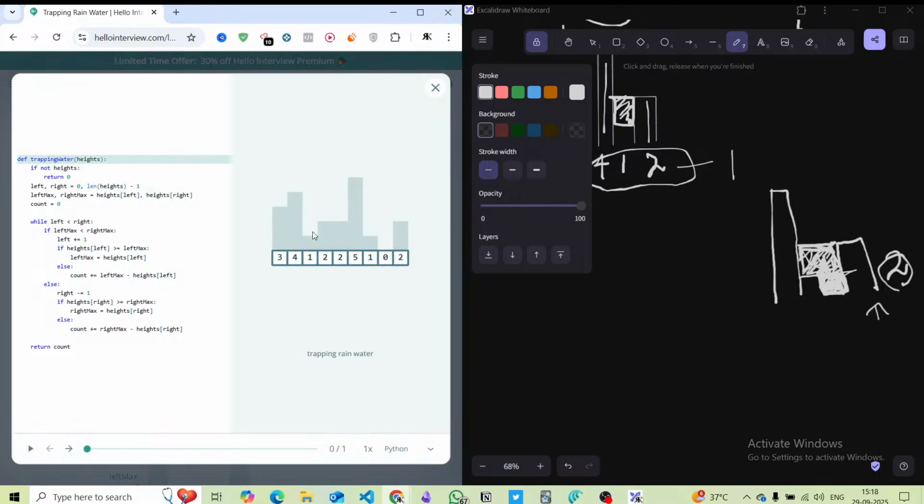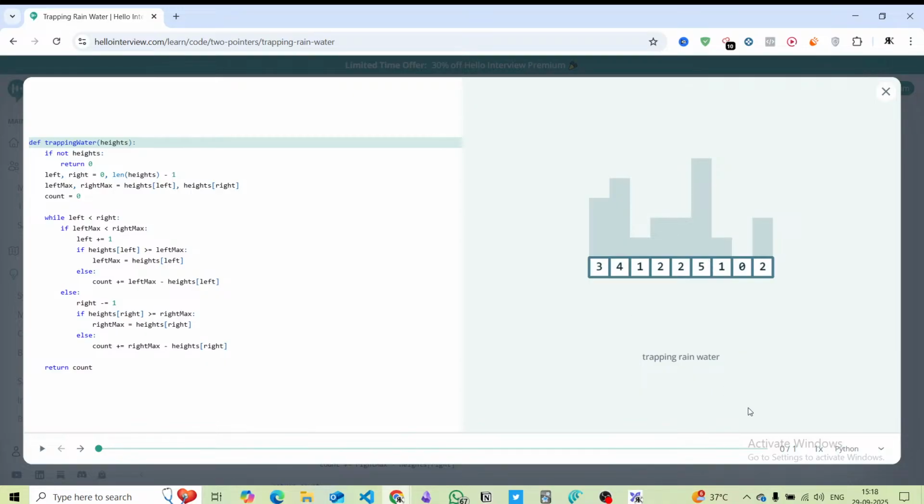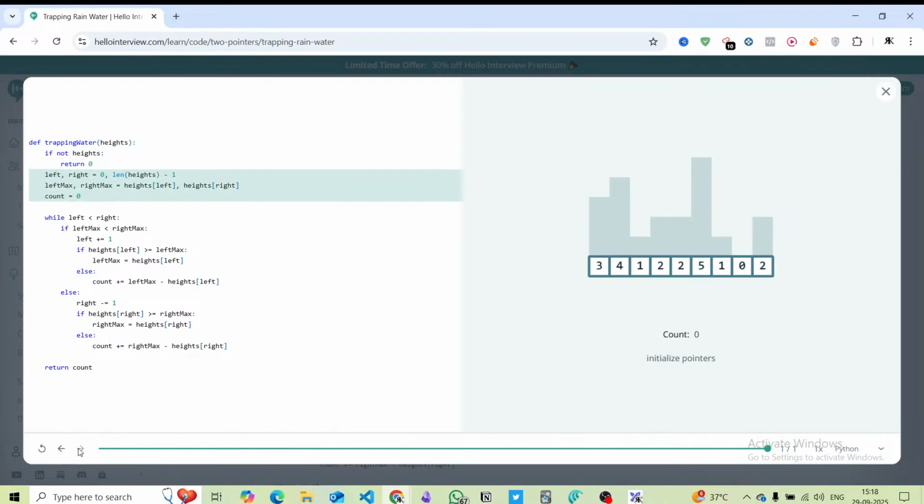I love this site. We just visualize how the algorithm works. Here they set all the variables needed. We need a left pointer and a right pointer. Here is the left pointer and here is the right pointer.